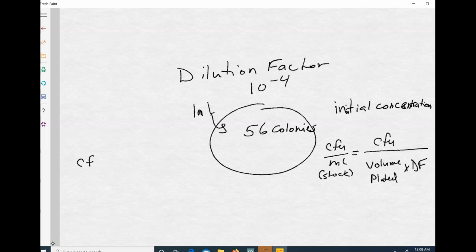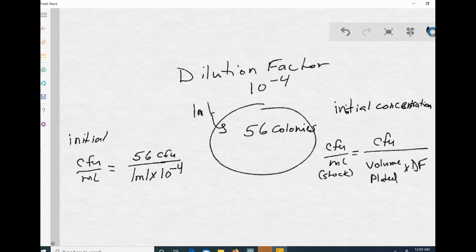My initial starting colony forming units per mL, so in that stock solution way back at the beginning, equals 56 colony forming units, divided by 1 milliliter times a dilution factor of 10 to the minus 4.